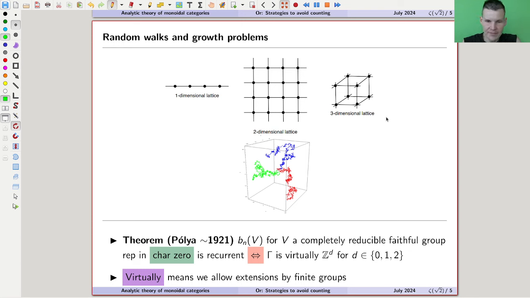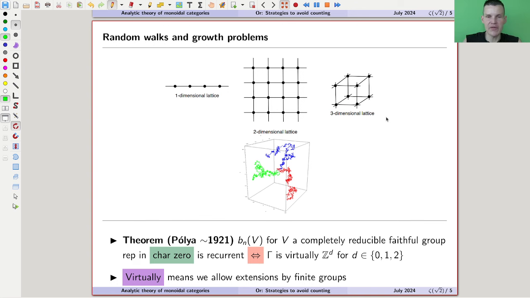Then the problem is recurrent if and only if it's virtually one of Polya's groups. Virtually means up to extension by a finite group. In particular, this again says finite groups are very special, because up to the integer lattice and the integer lattice squared, the only things that are recurrent are extensions by finite groups.